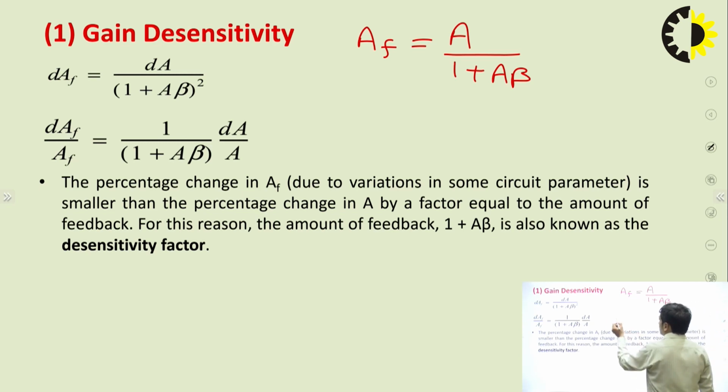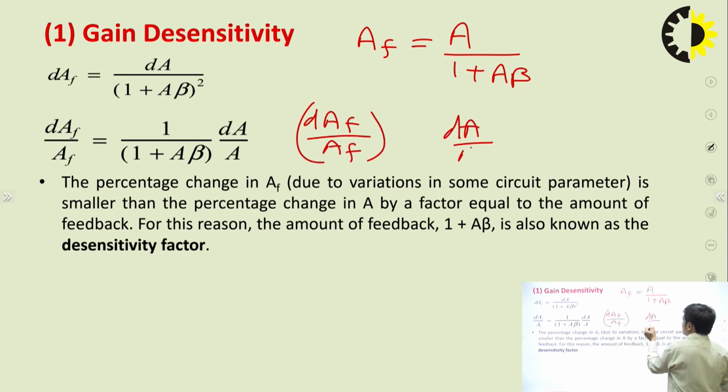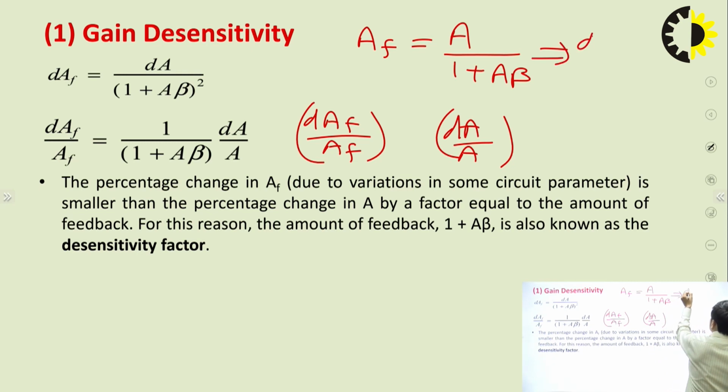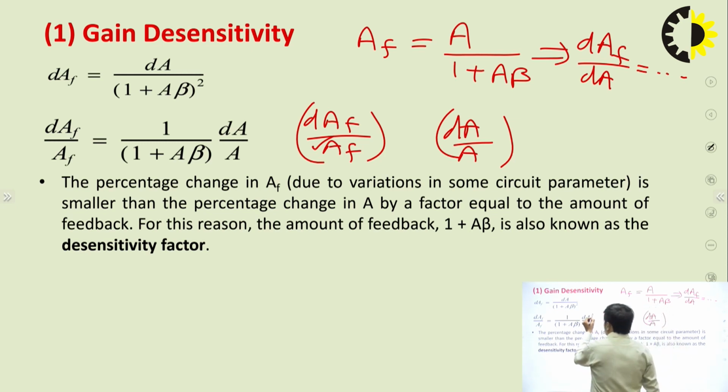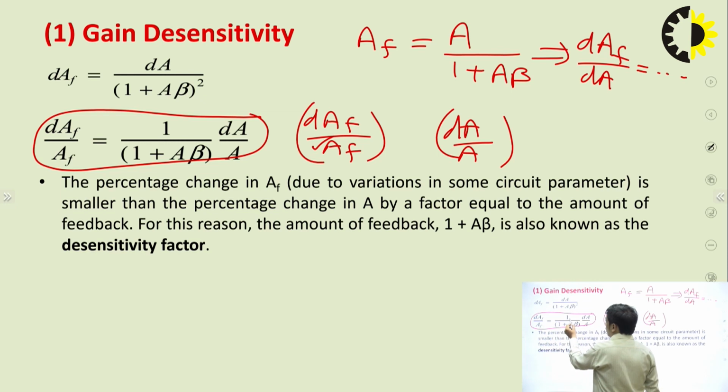Now we need to find out the relation between dAF upon AF and dA by A. For that, we just differentiate AF with respect to A. Now you know the formula of differentiation, just apply that formula, and after applying it, divide both sides of the equation by AF, and from there you can find out the relation between dAF upon AF and dA by A.